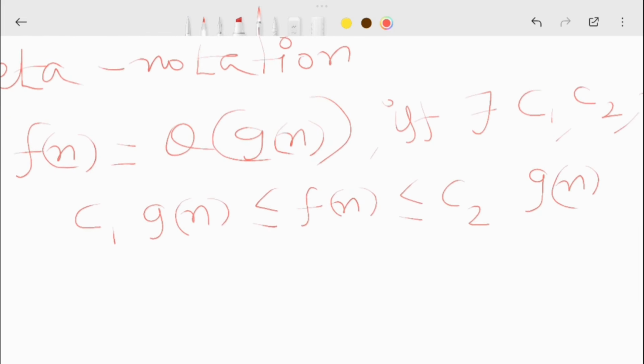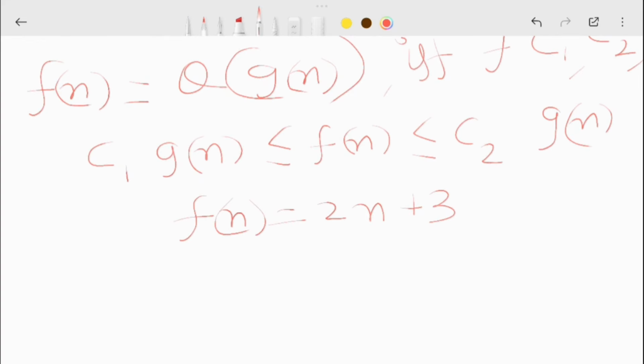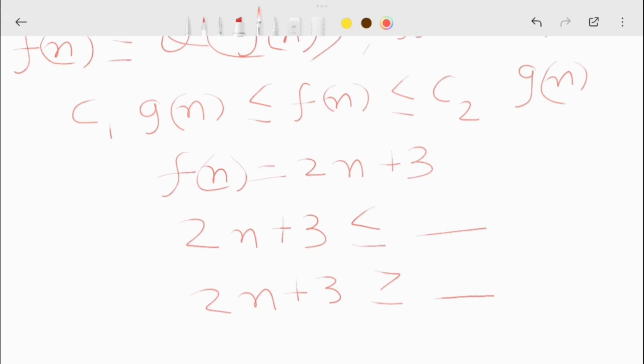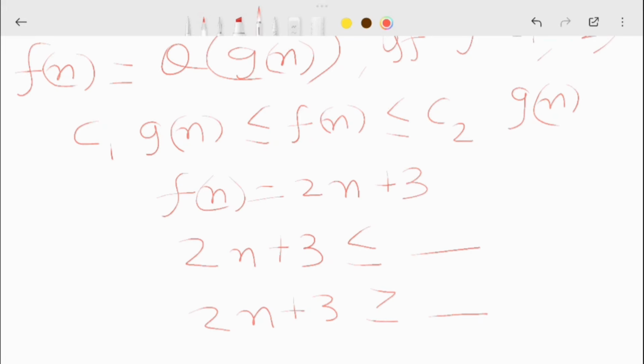So now if I use the same function f of n equal to 2n plus 3, we need to find a function c1 dot g of n which 2n plus 3 should be greater than, and another constant value c2 with the same function g of n, for which 2n plus 3 should be less than c2 into g of n.